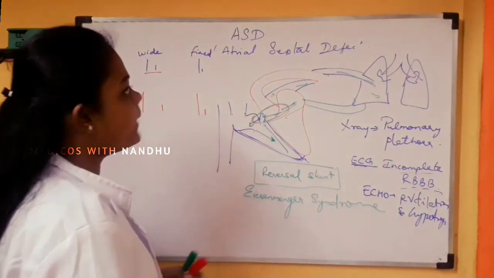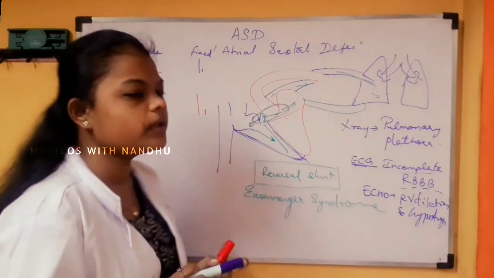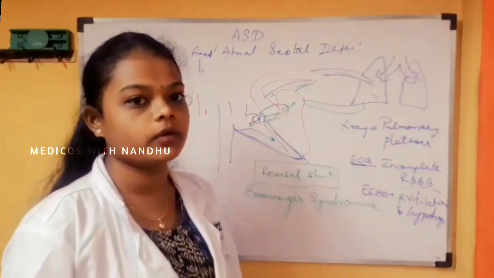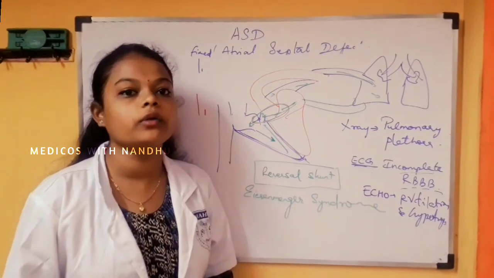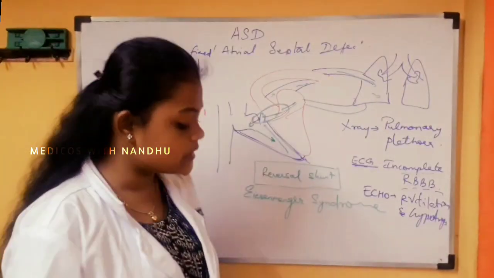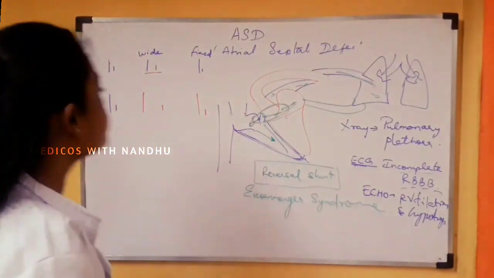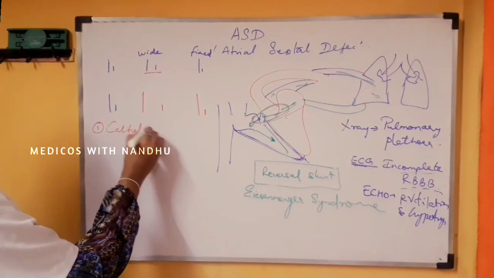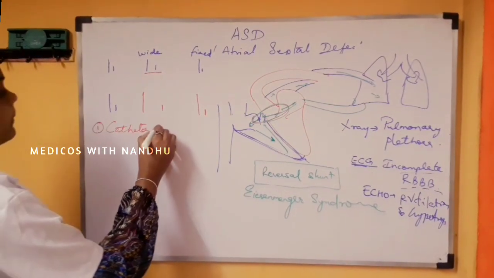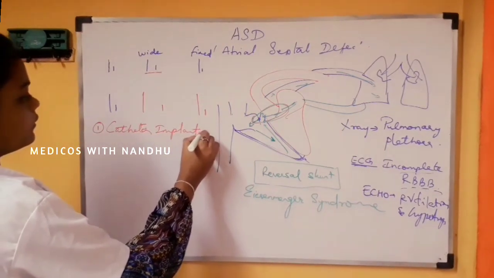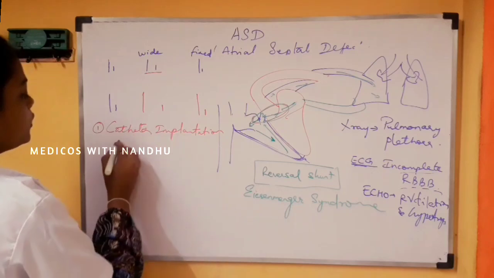Next, management. Medical management is not suitable for this defect because it can't do anything; only surgical management can be done. The first is catheter implantation of a closure device.